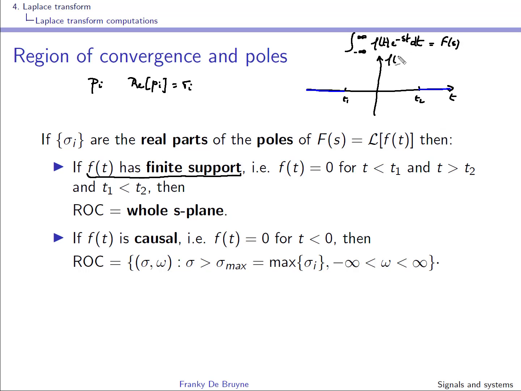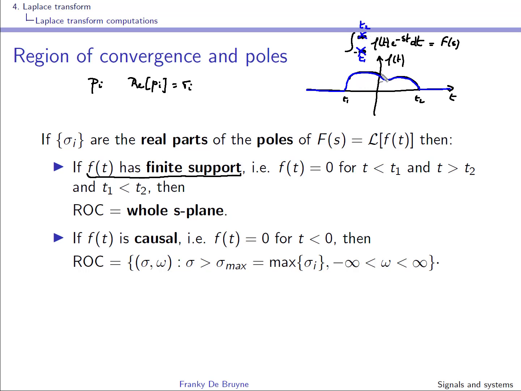this is here f of t, and let us draw maybe an example of such a function. This is an example. Well, if we take the Laplace transform over here, we can change the bounds, because the function is 0 outside, and we can do the integral from t1 to t2.